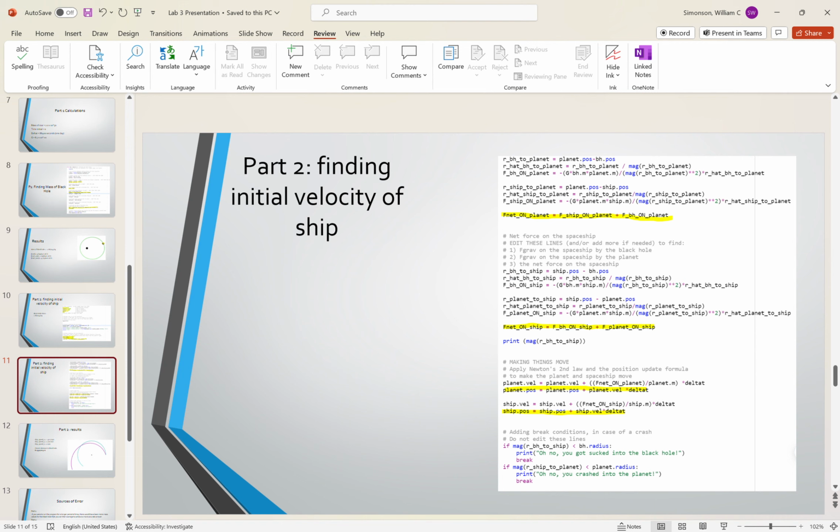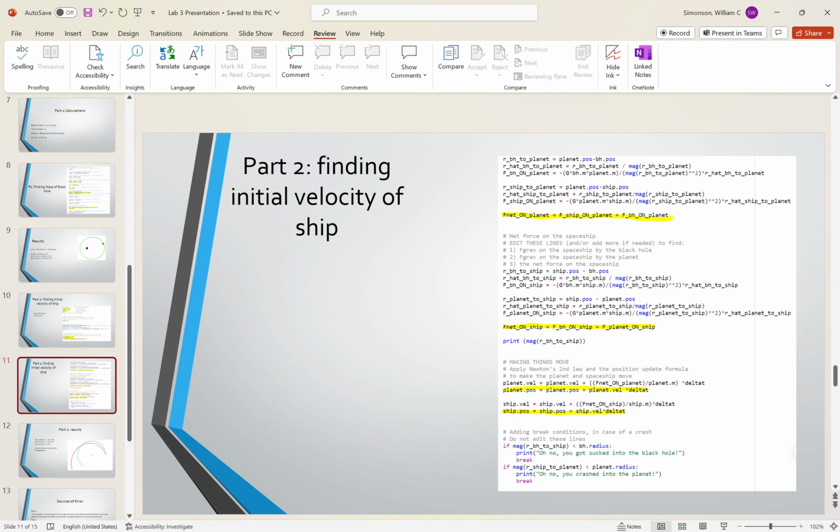Using these, we found the net force on the planet by adding the components of the ship-on-planet vector and the black-hole-on-planet vector, and the total force on the ship.